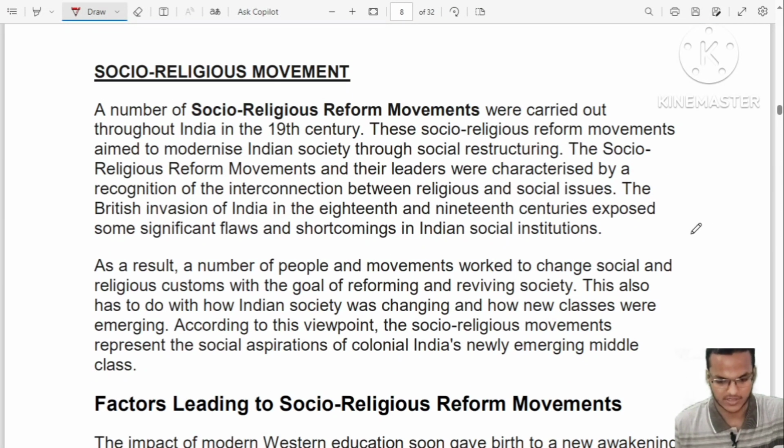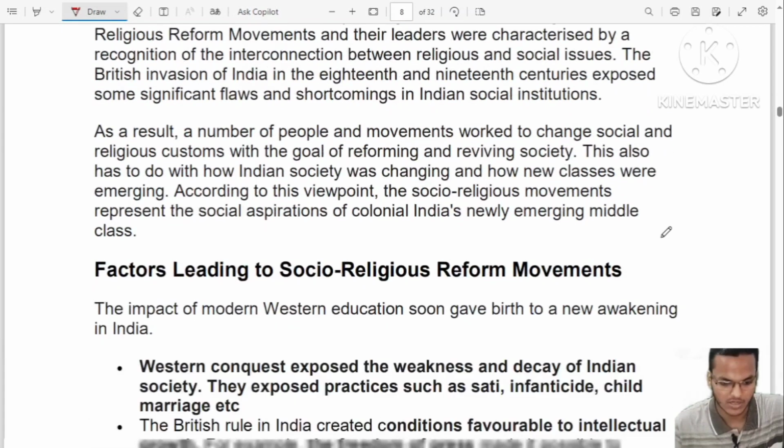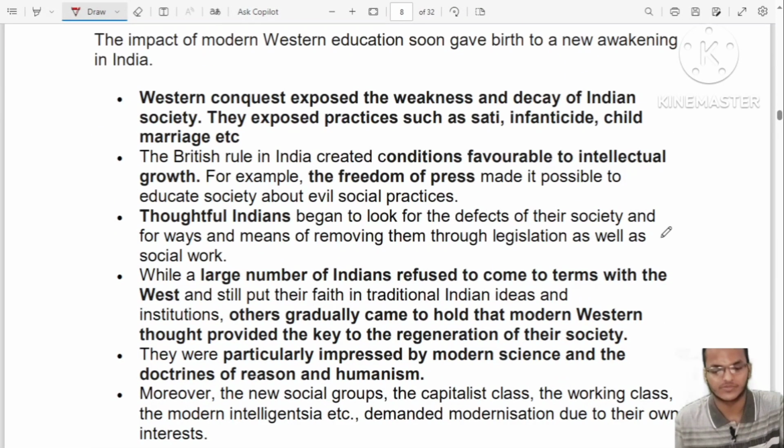In socio-religious movements, what happened? There was a lot of prevalence of evil practices and superstitions, so some of the Indians tried to reform it. So this is all about the socio-religious reforms.